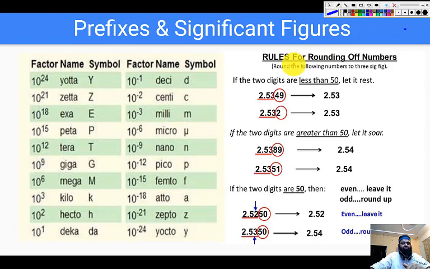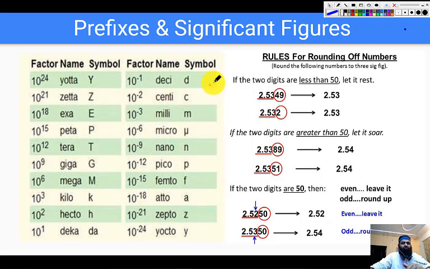Next we want to talk about prefixes and significant figures. In this course we would be using many prefixes, and we need to be able to understand how to round off significant figures also. So let's talk about prefixes. We use prefixes to represent very big numbers or very small numbers. As a basic example, we have something called a kilometer, which is just 1,000 meters.